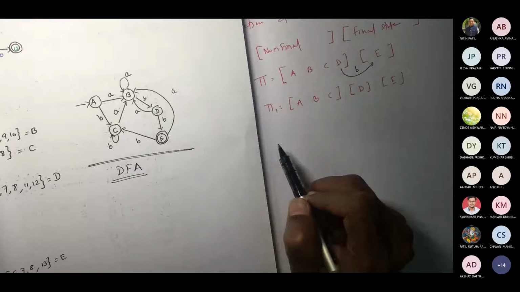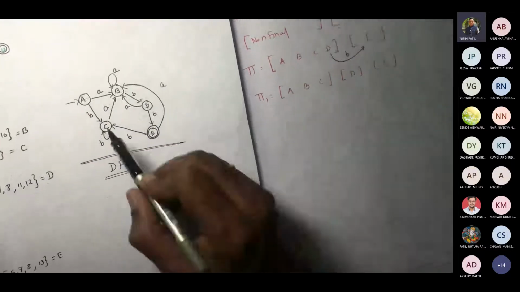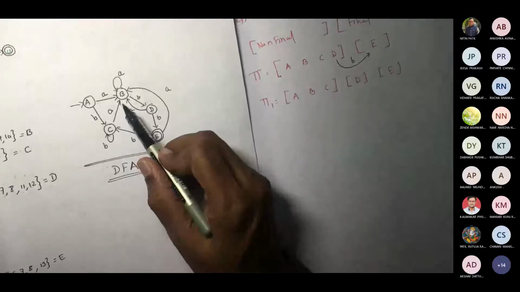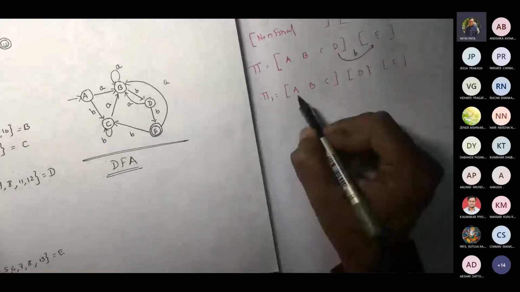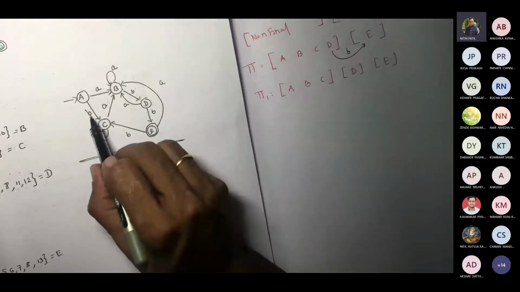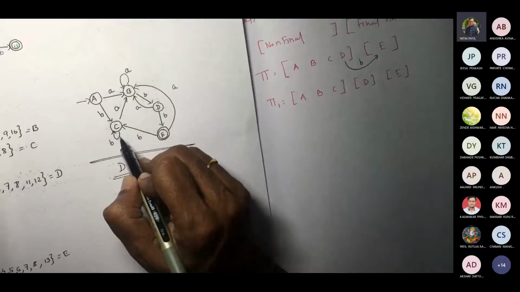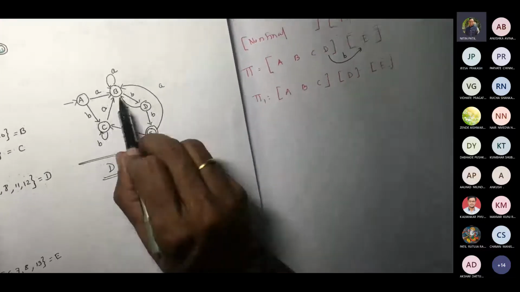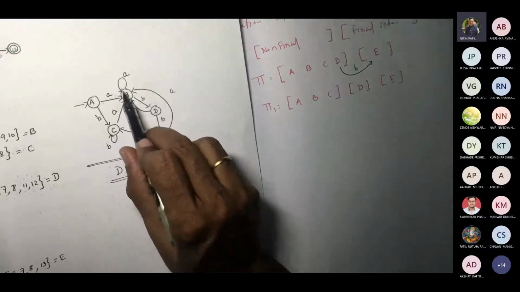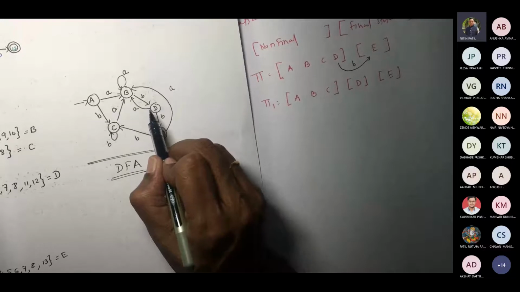Check it. For A, with a, it goes to B. For C, with a, it goes to B, correct? So it is remaining in the same set. Fine. For A and C, even for input b, A with b goes to C, and C with b goes to C. So it is remaining in the same group. But for B, if you give a, then it remains in the same group, but if you give b, it is going to D.